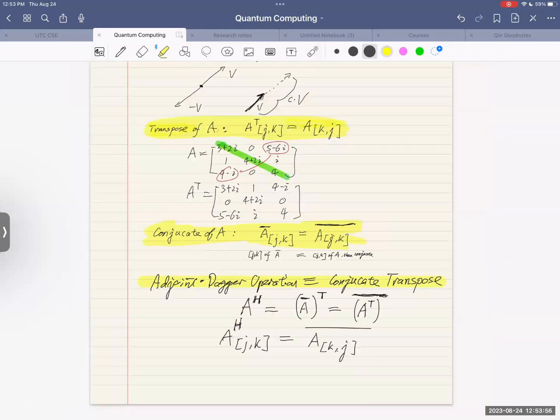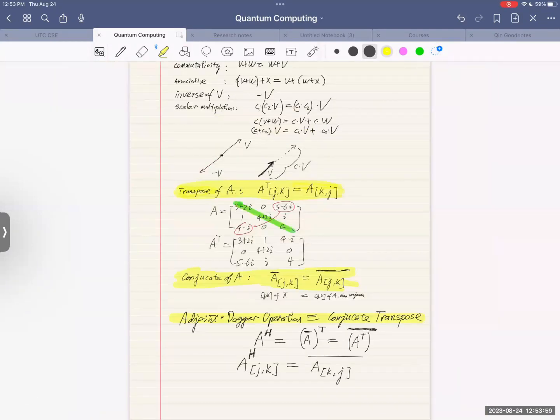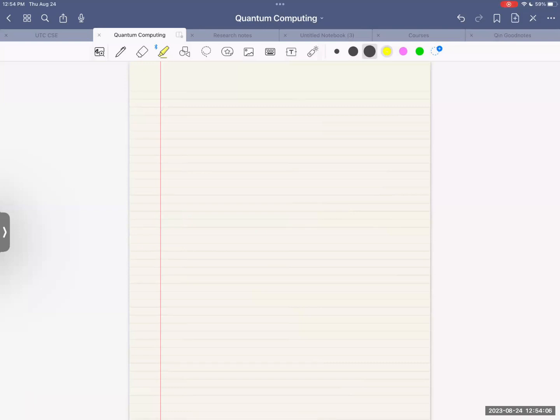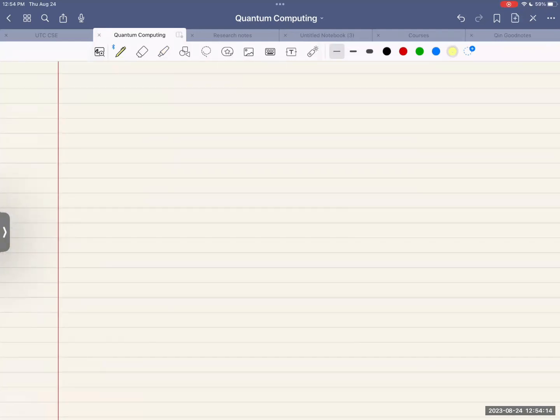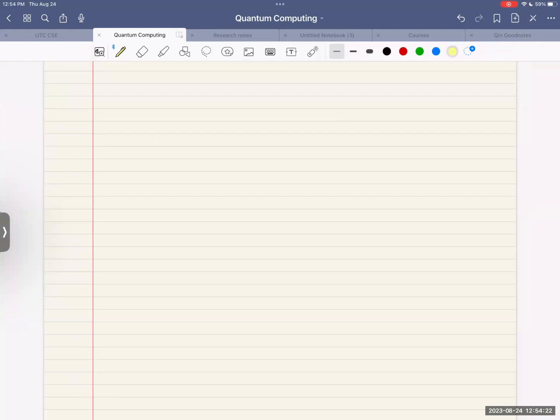And then the book talks about some properties which we can verify. So some properties of this conjugate transpose, which are really neat. If you think about it, it actually makes sense. For example, for the transpose, A transpose of transpose would be A itself. Right?